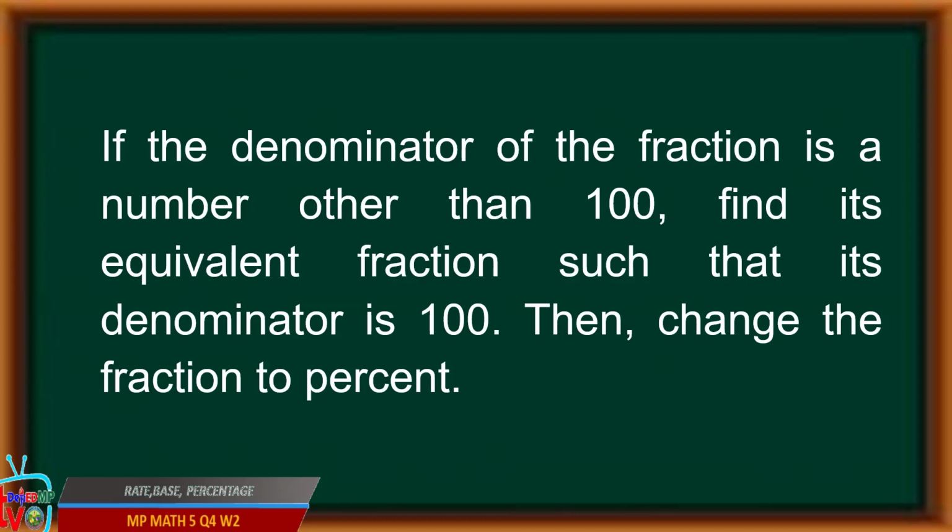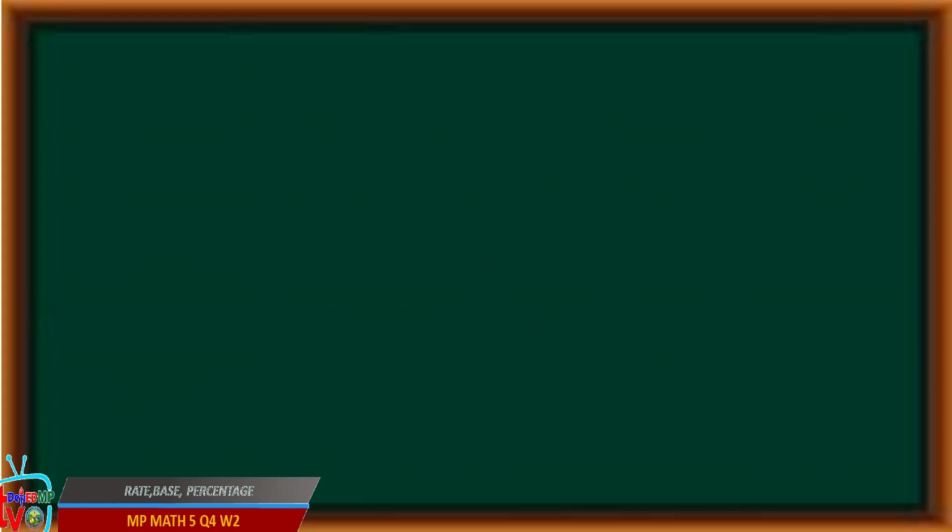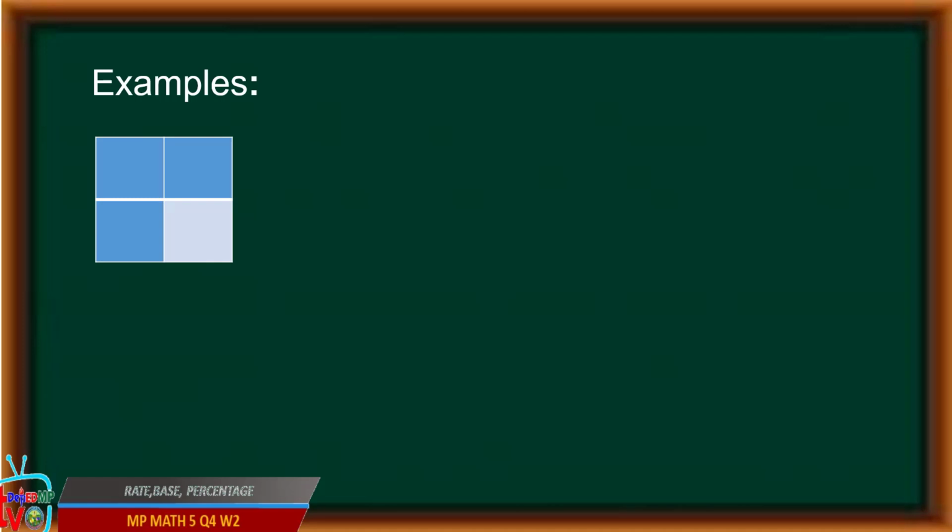If the denominator of the fraction is a number other than 100, find its equivalent fraction such that its denominator is 100. Then change the fraction to percent. Example: a whole was divided into 4 equal parts. 3 parts were shaded, so we have 3/4.